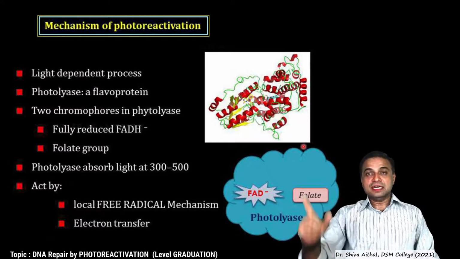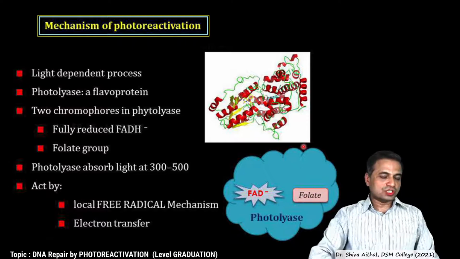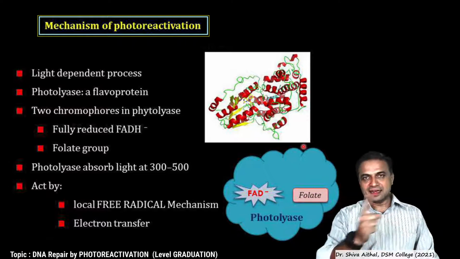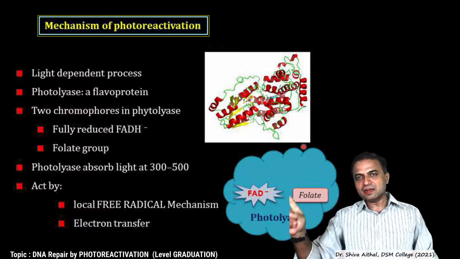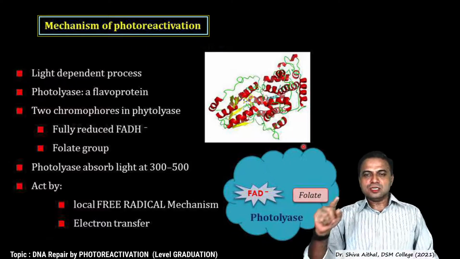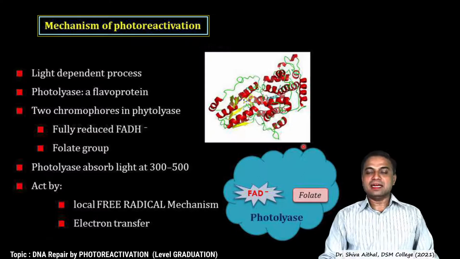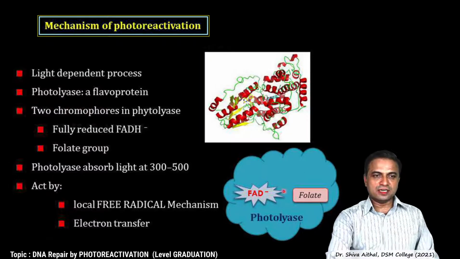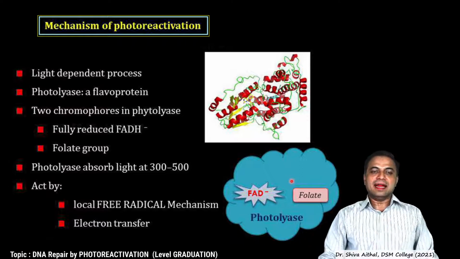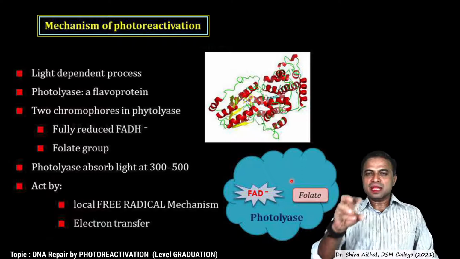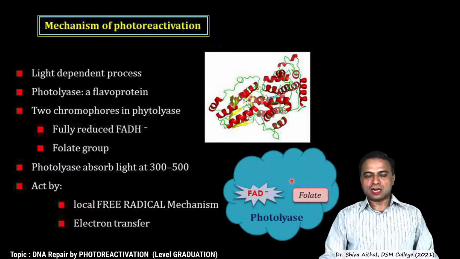Remember this thing. DNA absorbs at 260, lower wavelength, higher energy, therefore getting damaged. At visible light, that is higher wavelength, low energy, photolyase is able to absorb light due to FAD and folate, and at 300 to 500 nanometers it absorbs, and it acts by a local free radical mechanism, by the mechanism of electron transfer.